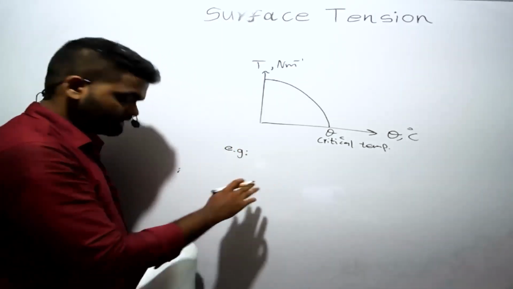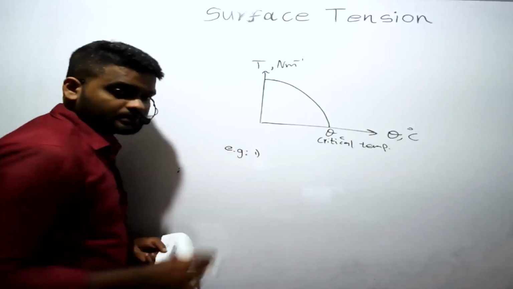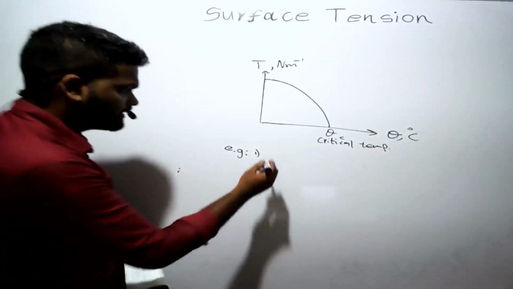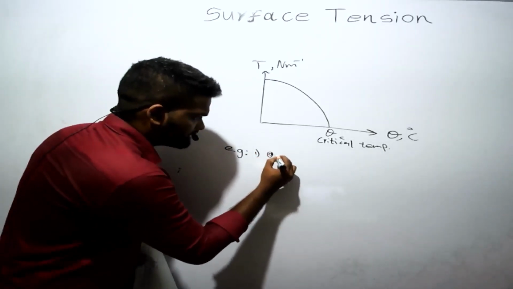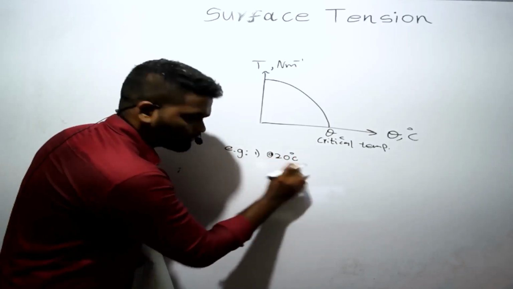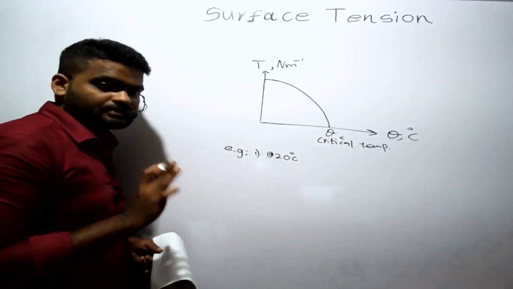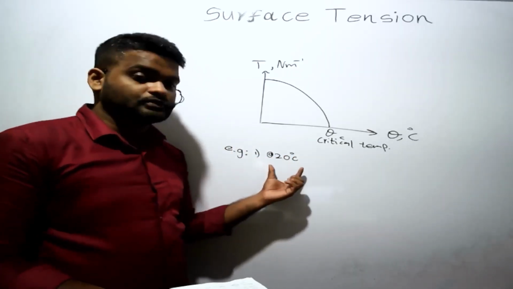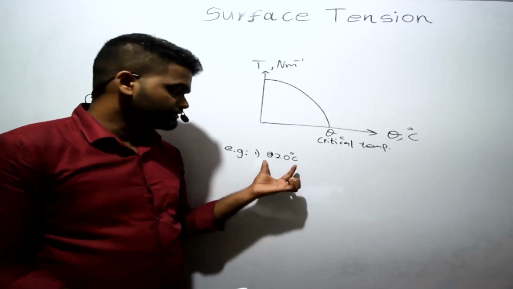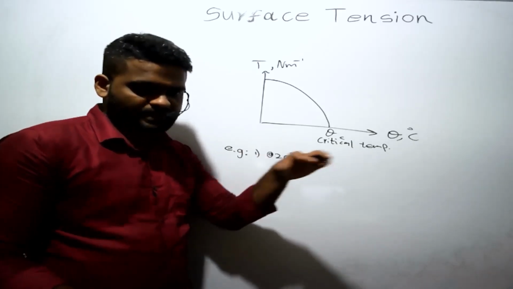Example. First one. We are thinking about one temperature, 20 centigrade, because with temperature this changes as well, so we are keeping temperature at a certain value.